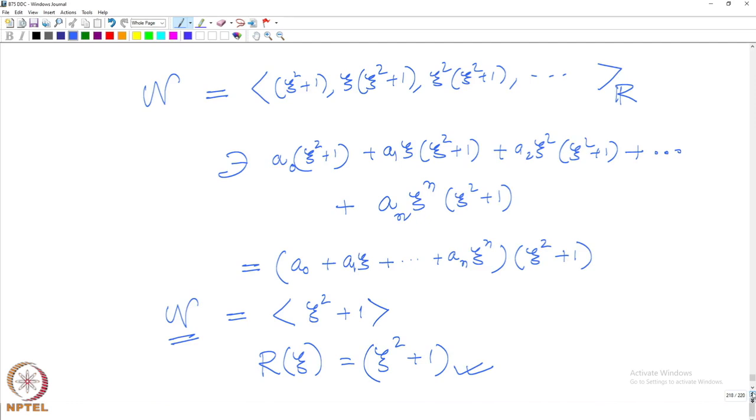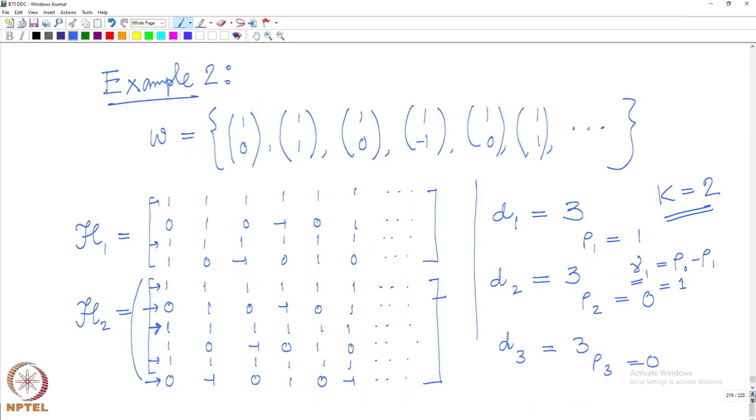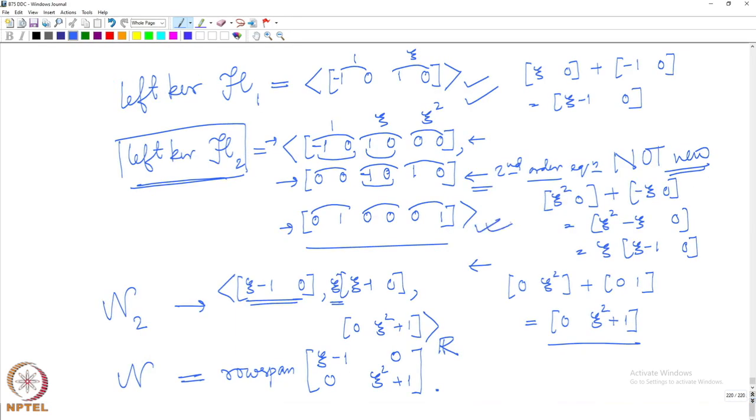What is gamma 2 by the way? Gamma 2 is equal to rho 1 minus rho 2, but rho 1 is equal to 1 and rho 2 is equal to 0. So, gamma 2 is 1. That means I should get one new second order equation, and indeed we got one new second order equation beyond these two.